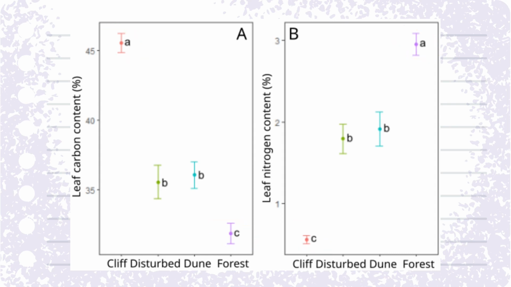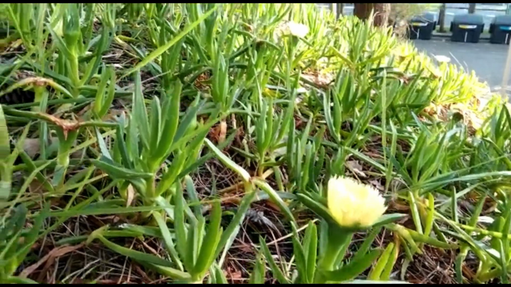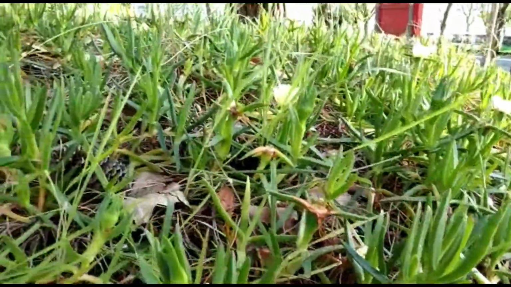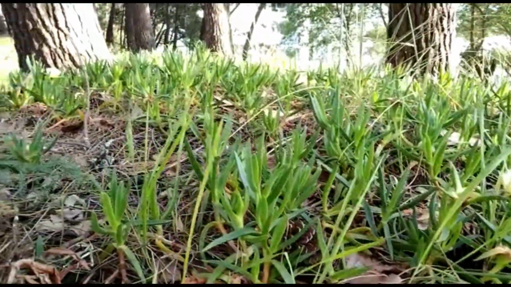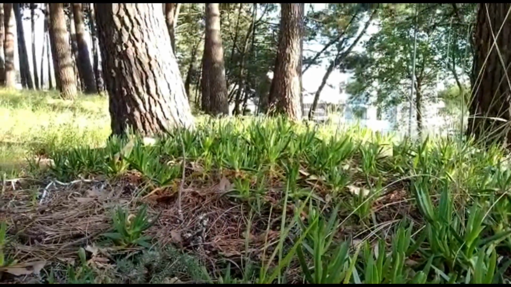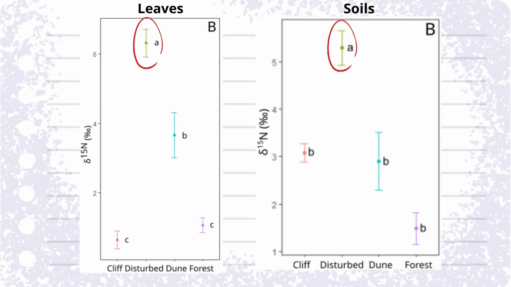In comparison, the lower carbon and nitrogen ratio of Carpobrotus plants observed in the other studied habitats, which are likely to have a lower limitation of available soil nitrogen, may allow Carpobrotus species to present a rapid growth and therefore enhance its competitiveness. Finally, the nitrogen isotope composition of Carpobrotus leaves and invaded soils was significantly higher in disturbed areas.